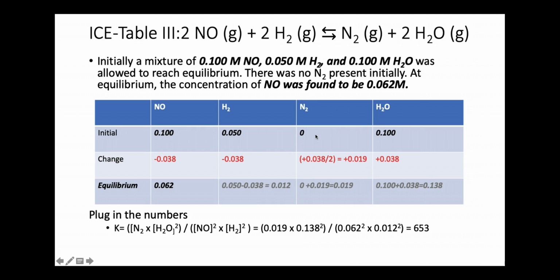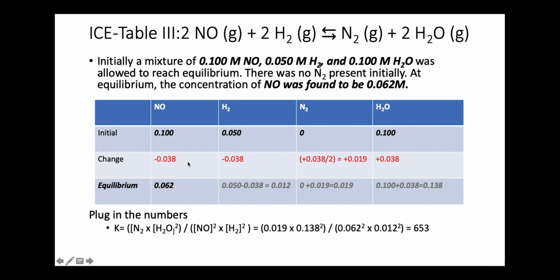So how much N2 is produced is half of what has reacted here. So 0.038 divided by 2 is 0.019. For H2O, we have the ratio 2 to 2 for NO and H2O, so 1 to 1. So what has reacted for NO, the same amount is produced for H2O.